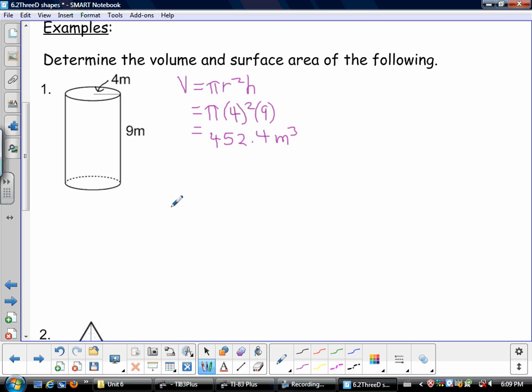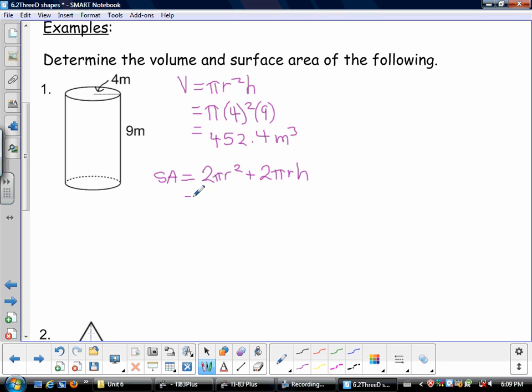Now, surface area, again, is not too bad because there's really only 2 dimensions we have to deal with when we're dealing with a cylinder. And if we go and look that up, it's 2 pi r squared, okay, so that's the bottom and top, plus the circumference, 2 pi r times h.